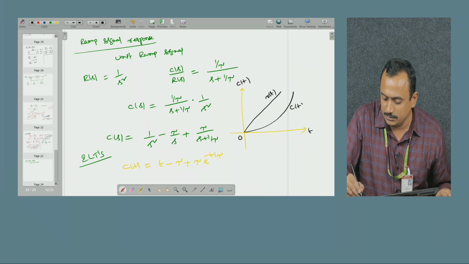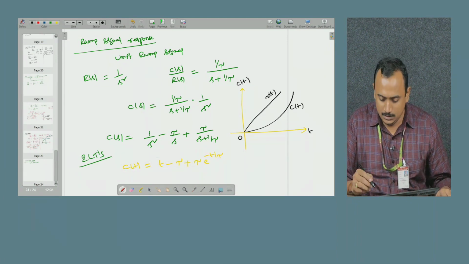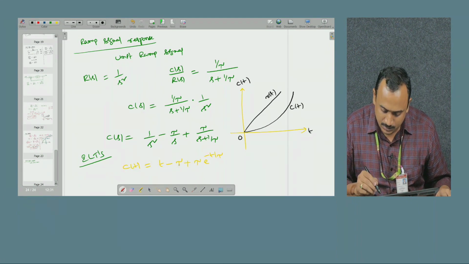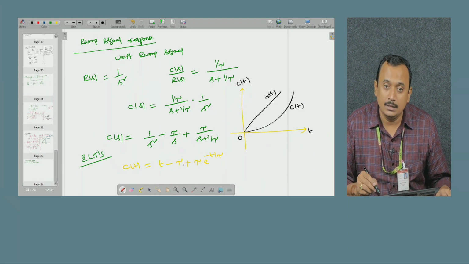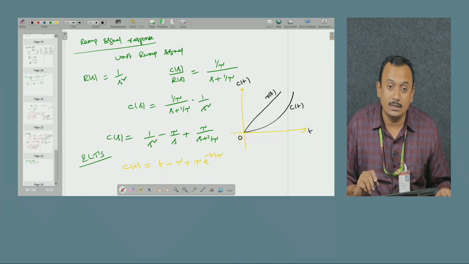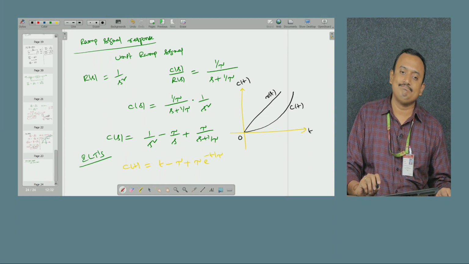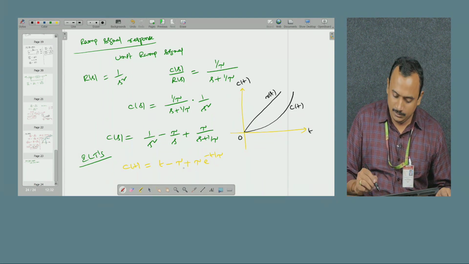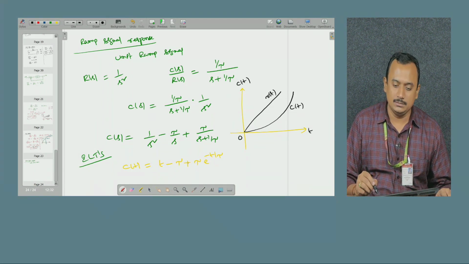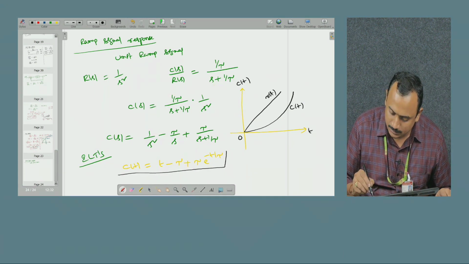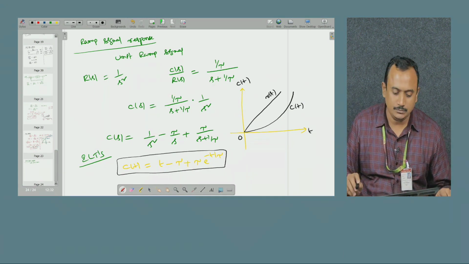This is your C of t. Now here what is the conclusion? Tau is anyhow constant and two more terms are associated with time. Finally you are going to remain with the tau value, that is your C of t, okay.